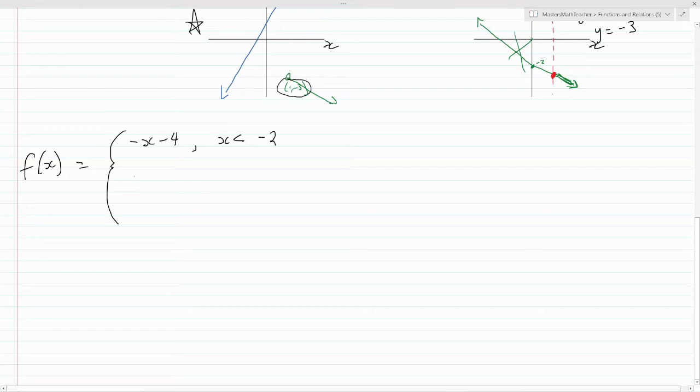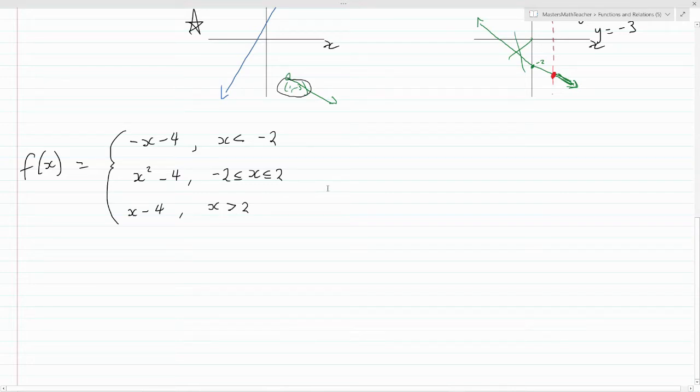My second graph is a squared graph, a parabola, x squared take 4, between x equals negative 2 and x equals 2. And finally, x take 4 for x greater than 2.